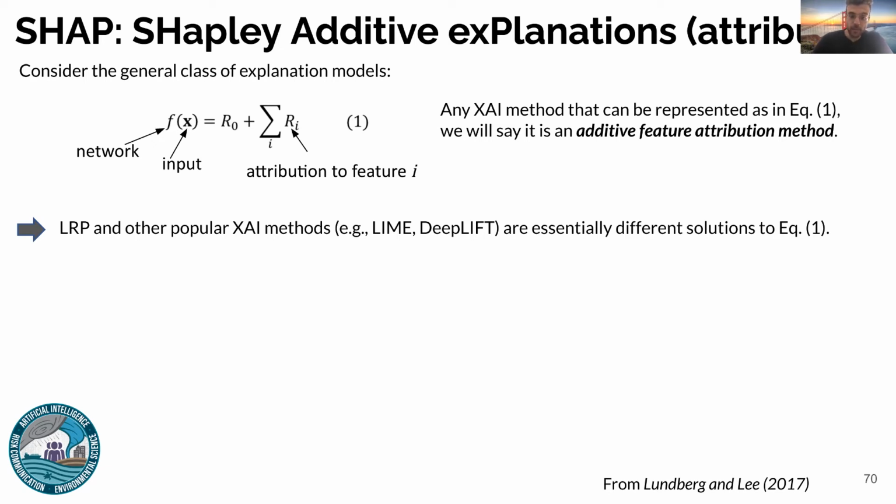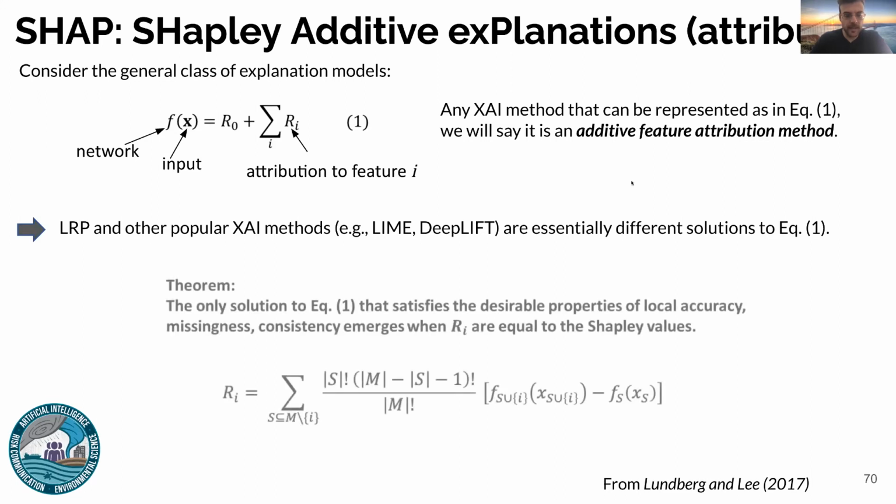Some of the methods that we already talked about, for example LRP, fall under this umbrella of additive feature attribution methods. However, in the next slide there is an important theorem.